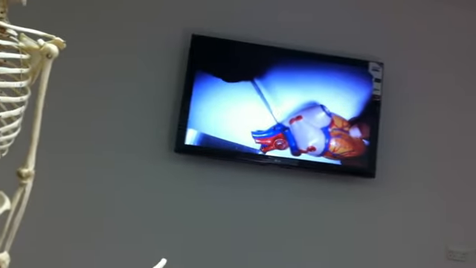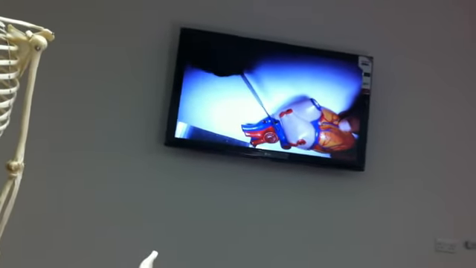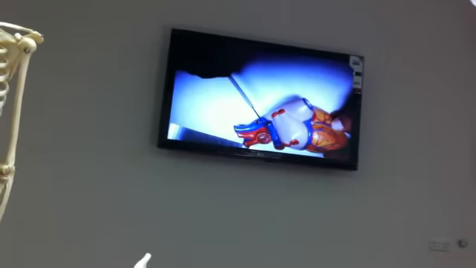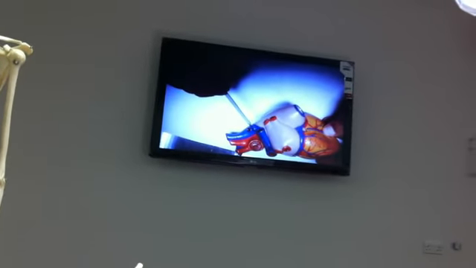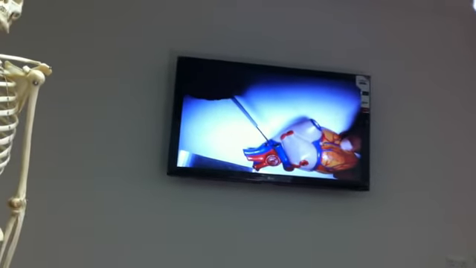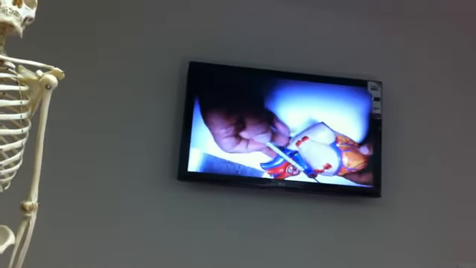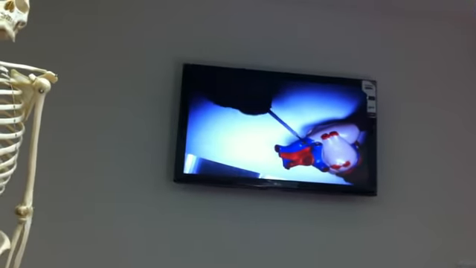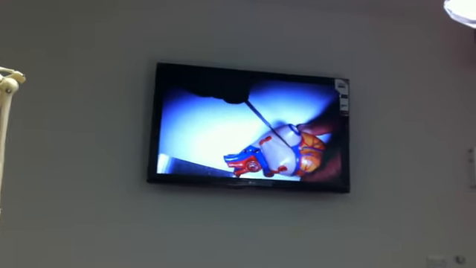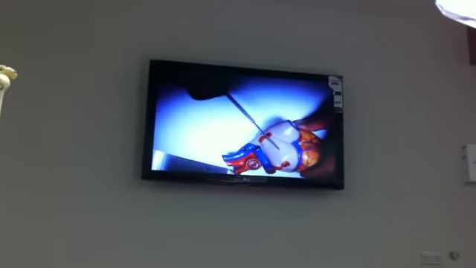This is the right pulmonary artery, and this is the left pulmonary artery. If you're looking here, the pulmonary trunk is dividing into two. While here, this is the coronary sinus. And this is the left atrium.